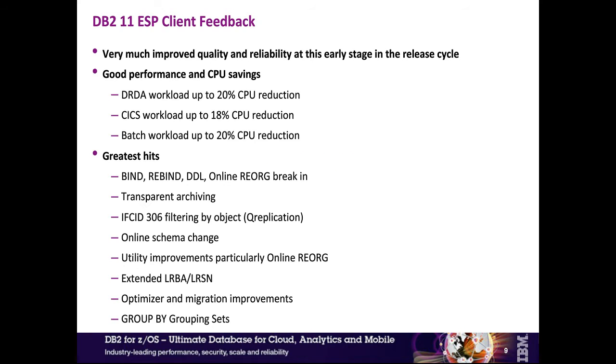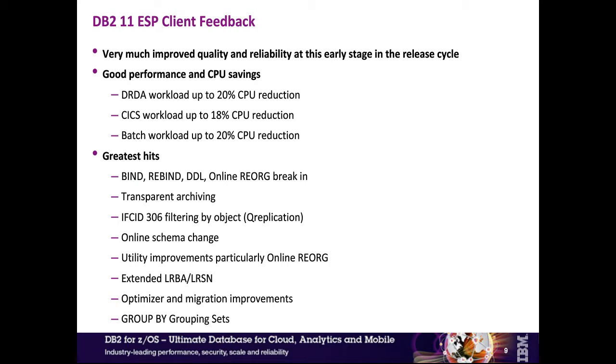On slide 9 here is a summary of the customer feedback from the version 11 early support program. Many of those customers have participated in many early support programs, and they reported very much improved quality and reliability at this early stage in the release cycle. We also got good validation on our performance and CPU savings in this release.